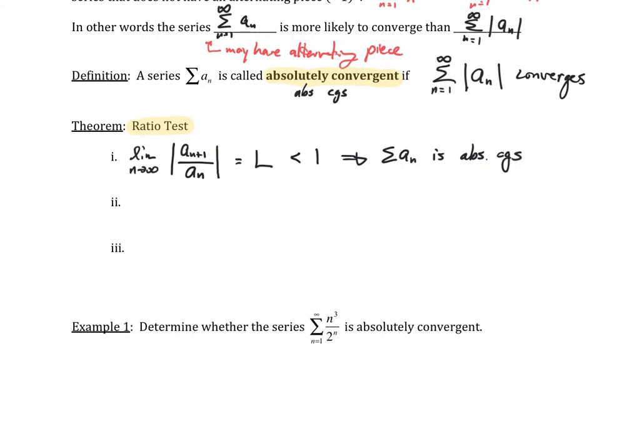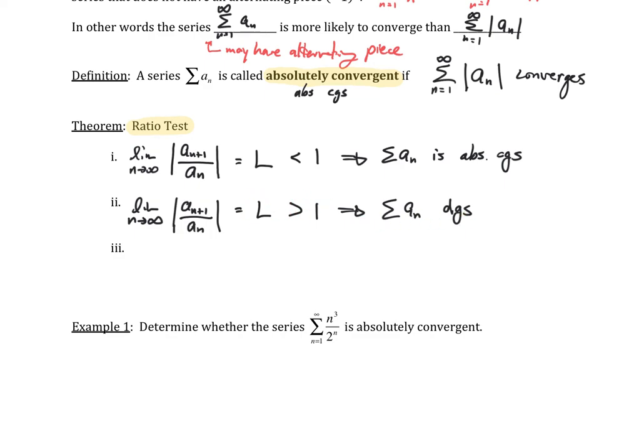If you took this same ratio, remember, the ratio of the subsequent term to the general term, taking the absolute value and the limit as n goes to infinity, again that's still that same number L. If this ratio was bigger than 1, then this means our infinite series a_n diverges. So if L is less than 1, that means it's absolutely convergent. If L is bigger than 1, then it's divergent.